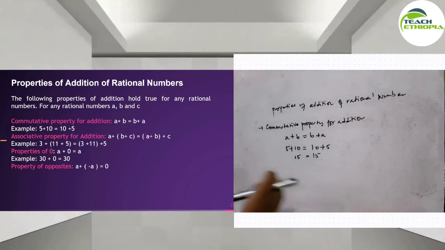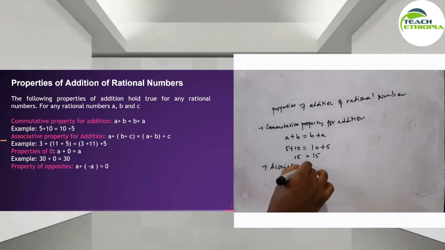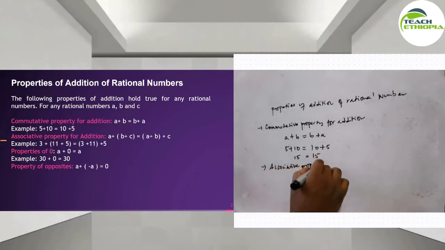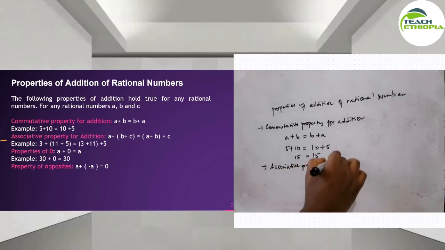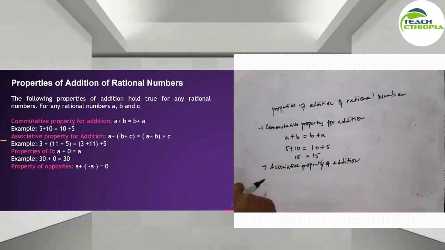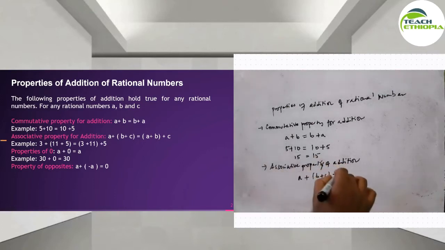ቢቀያየርም always ምን ያሟላል? የቀየር ባህሪን ወይ ደግሞ commutative property ያሟላል ማለት ነው። ሌላው associative property of addition ነው። Associative property of addition: if a plus b plus c, now similarly a plus b plus c.